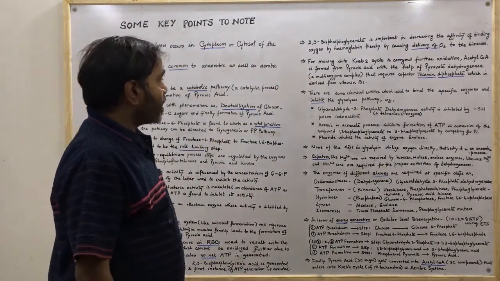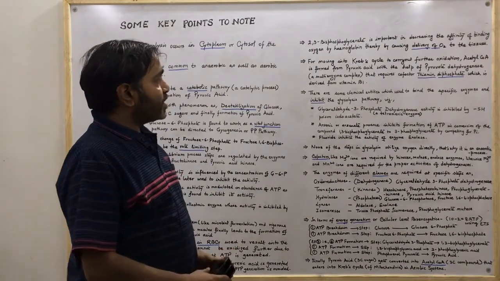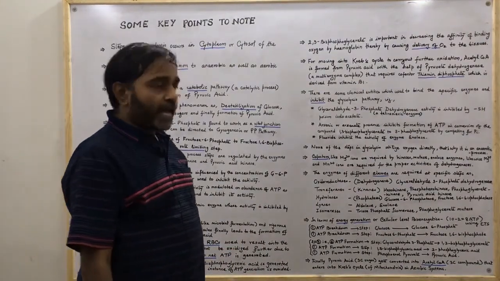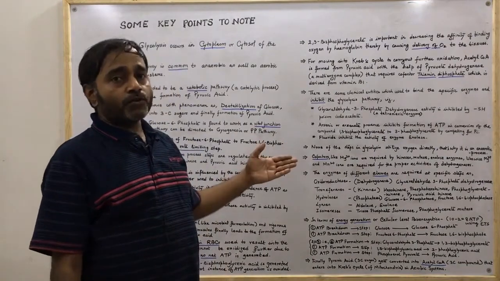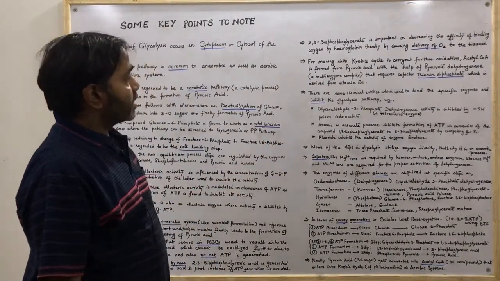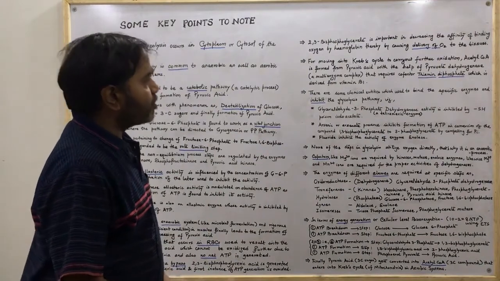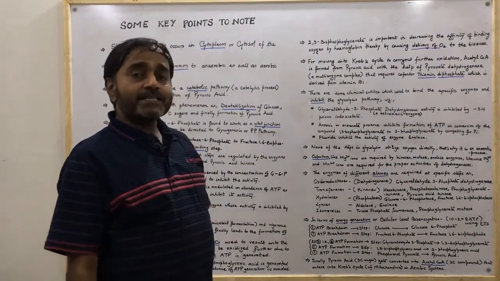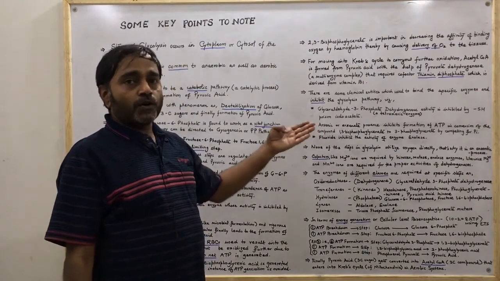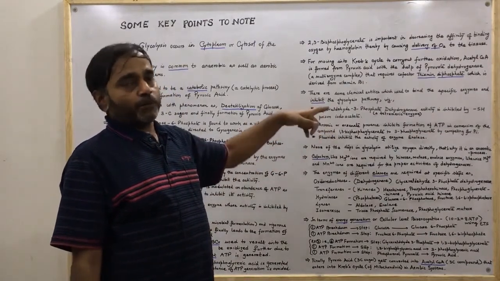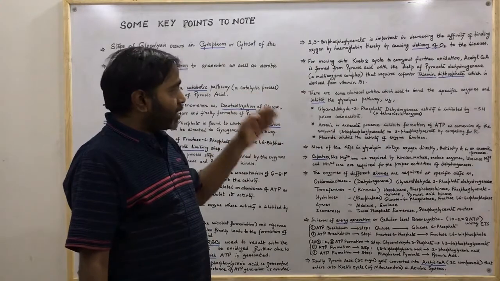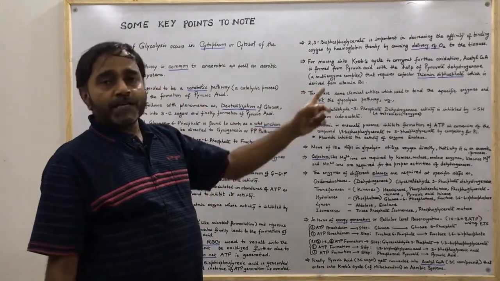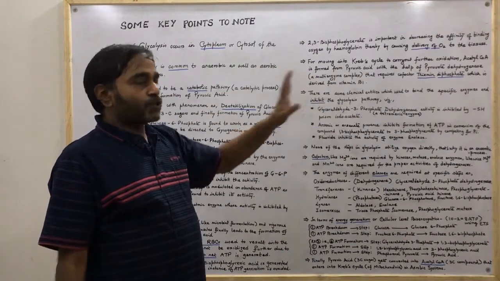Now we will see the next point. There are some chemical entities which bind specific enzymes and inhibit the glycolysis pathway. What are those entities? First, glyceraldehyde 3-phosphate dehydrogenase activity is inhibited by SH, that is the sulfhydryl group. I already told you cysteine contains that group in the side chain, and the iodoacetate compound serves as a poison, particularly by binding this group.